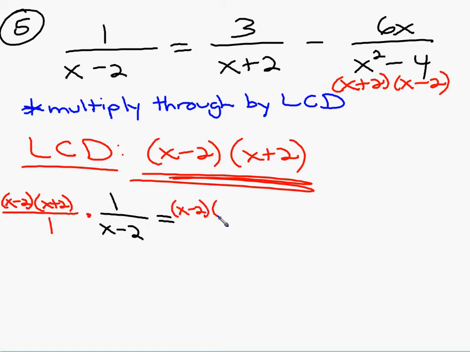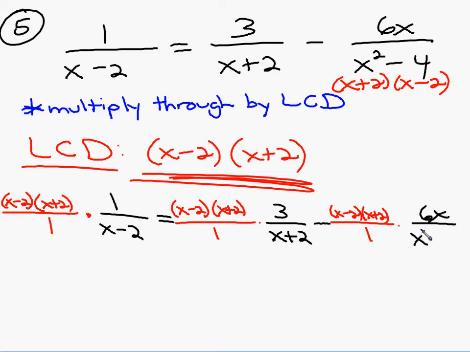X minus 2 times x plus 2 over 1 times the next fraction, 3 over x plus 2, minus x minus 2 times x plus 2 over 1 times that last fraction, 6x over x squared minus 4.